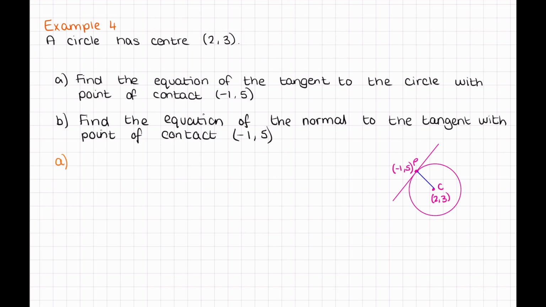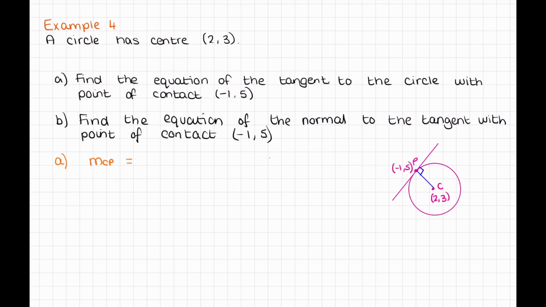Now, if we look at this blue line here, it is perpendicular to our tangent, which means it makes a right angle. And previously, we have looked at the gradients of perpendicular lines being the negative reciprocal of the original line. Now, our original gradient would be the gradient of the line that joins P and C. So the first thing we need to do is find the gradient of CP.